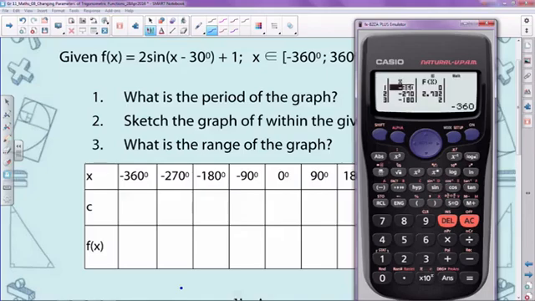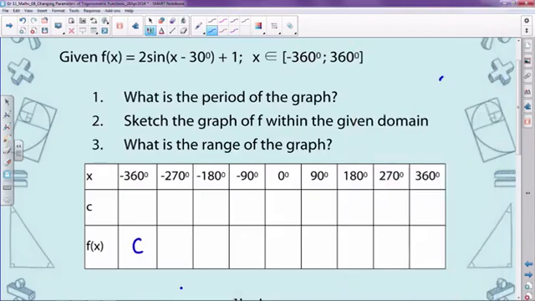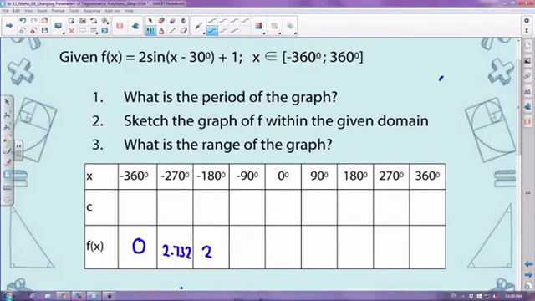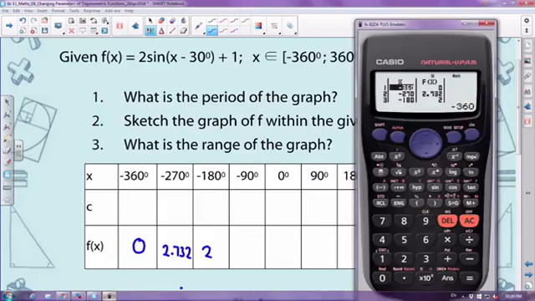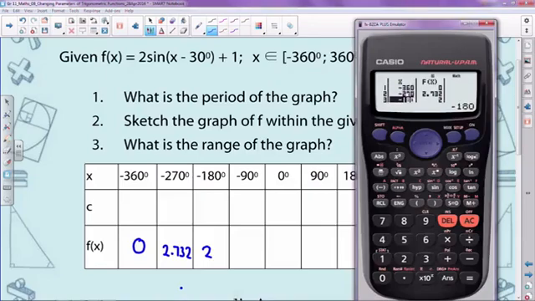At 0, 2.732 and then 2. And then moving on, negative 0.732 at minus 90, and then the next one would be 0.